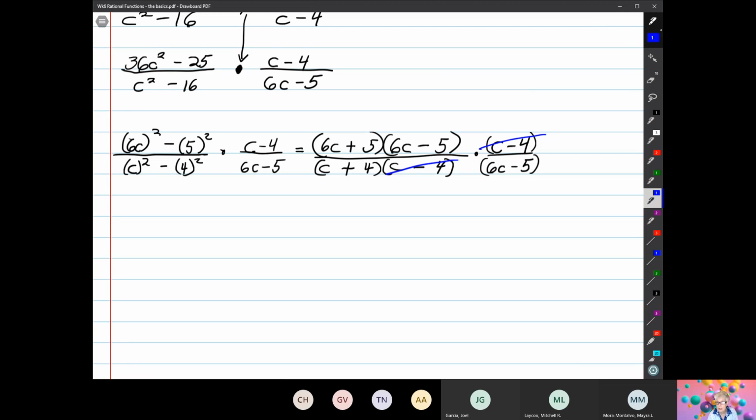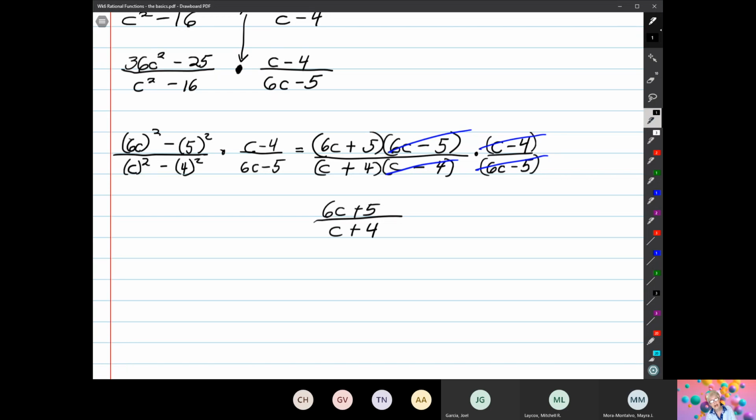And then as I look at the rest, I see that 6C minus 5 and 6C minus 5 are the same thing, but one's on top, one's on the bottom, so they will cancel and cancel. So what I have left, what I would put in the answer box, would be 6C plus 5 over C plus 4.